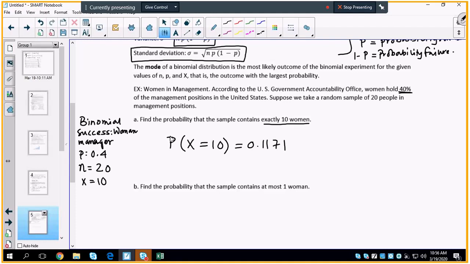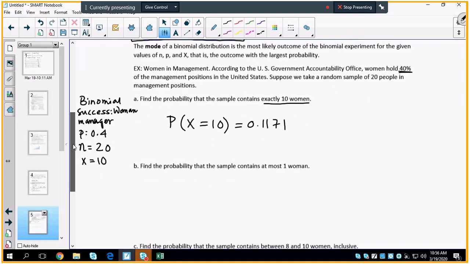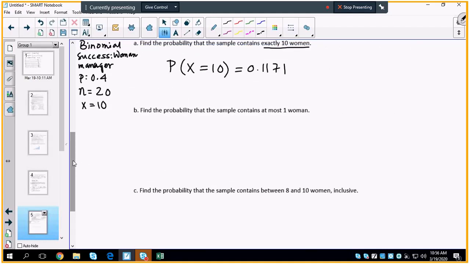The next question is asking you, find the probability that the sample contains at most 1 ohm. At most 1 ohm. What does that mean? It means you find the probability that it contains exactly 1 ohm plus the probability that it contains no ohm.